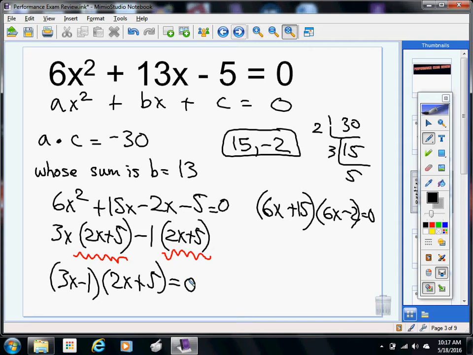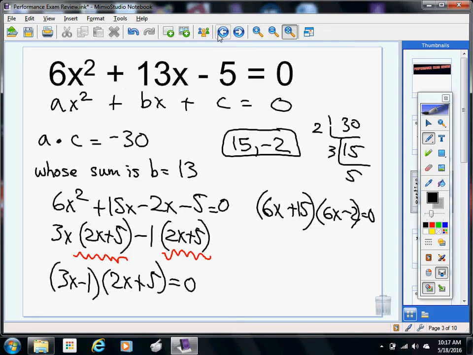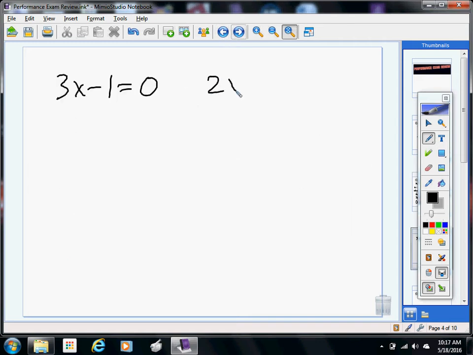Now, here enter Coach Hill frustration. Because for some reason, guys, the idea of how you solve 3x minus 1 equals 0 has gotten away from y'all. How you go about solving 2x plus 5 equals 0 is what has been perplexing to some of you guys.